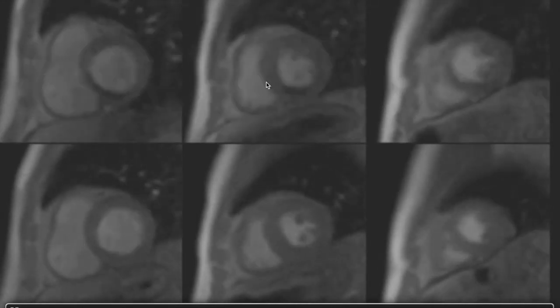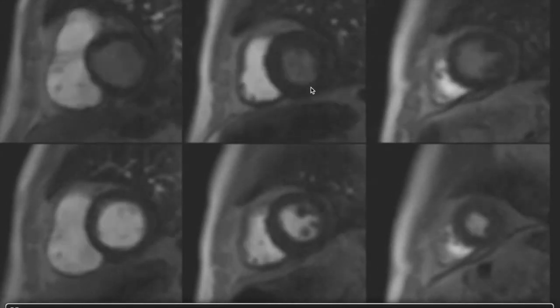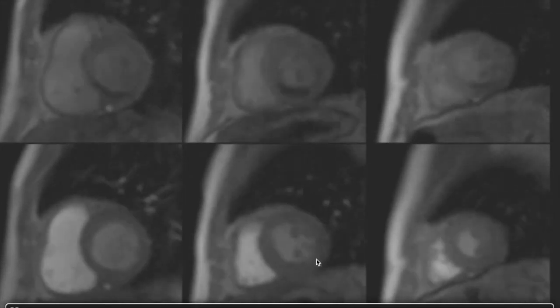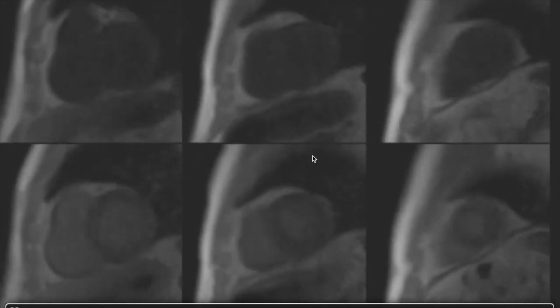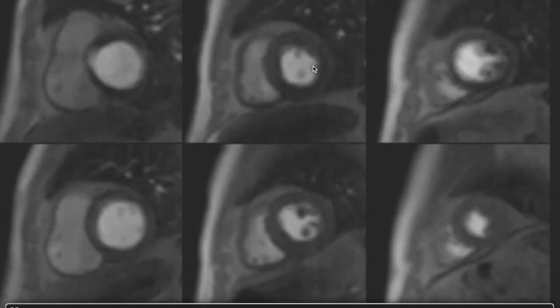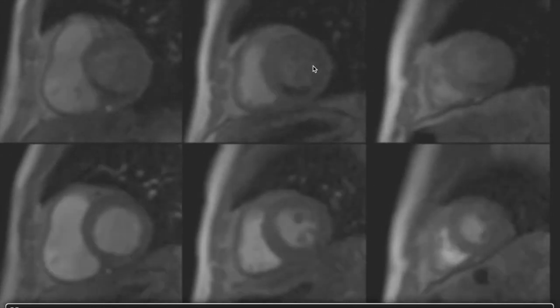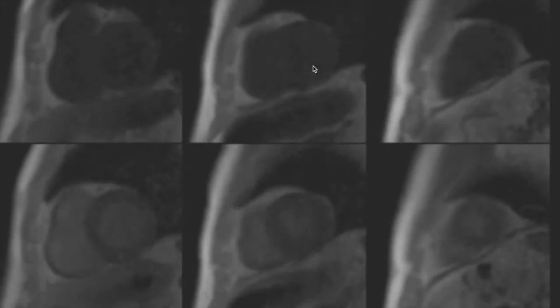And what we are looking for are areas of hypoperfusion. These areas are then compared with the same area at rest, whether this is a fixed perfusion defect or this is an inducible perfusion defect.